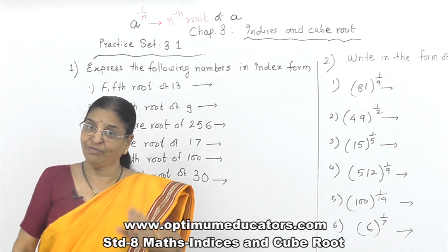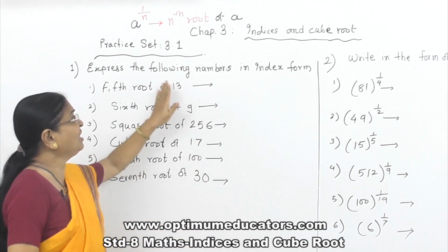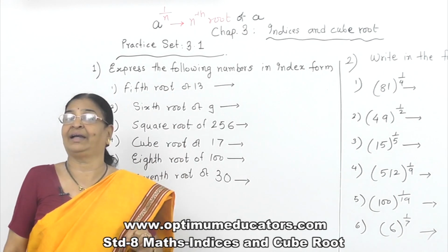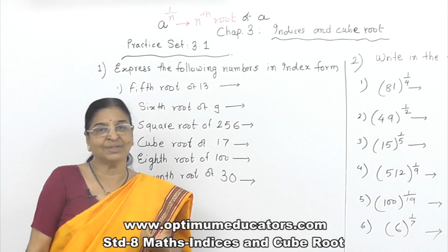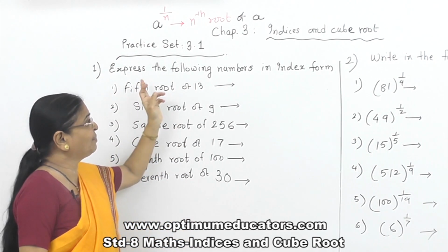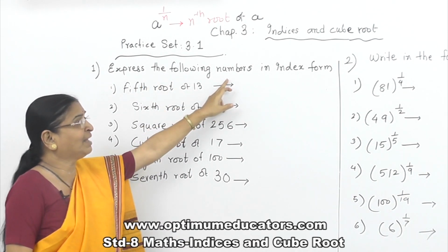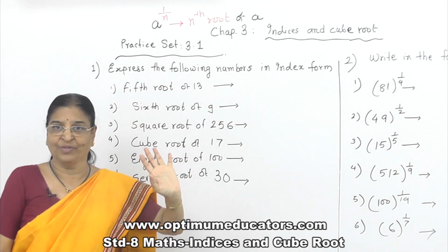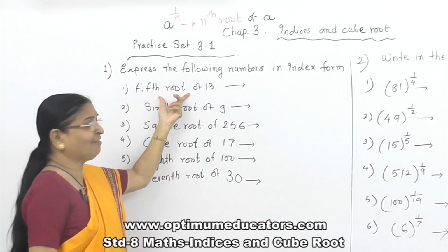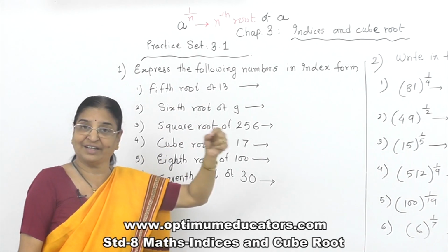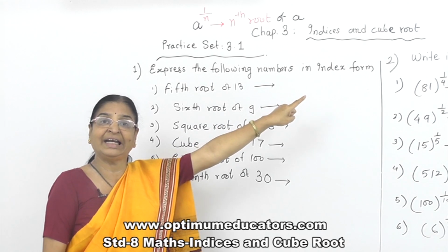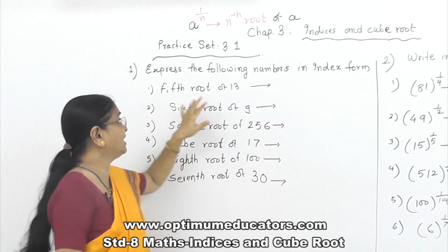Okay. So taking this into consideration, let us find out how the sums are asked in practice set 3.1. So the first sum is: express the following numbers in index form. So whatever we have been given in the written form, that is a sentence form, we want to write it in the index form. See, let us see.